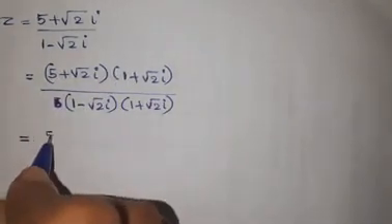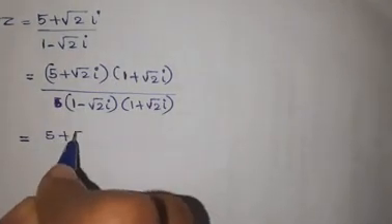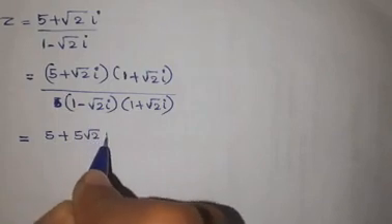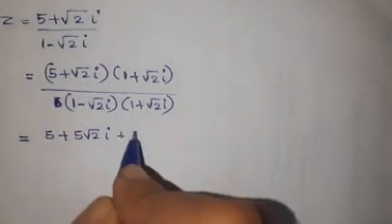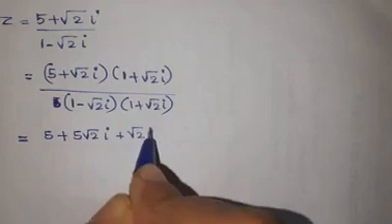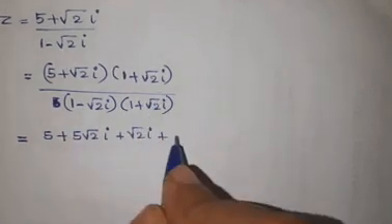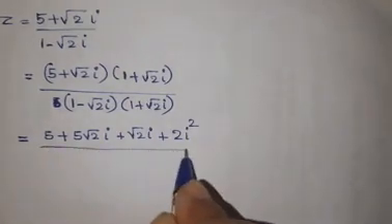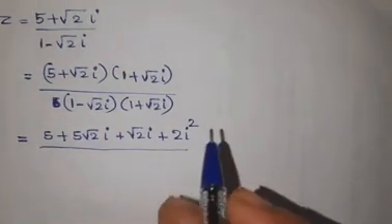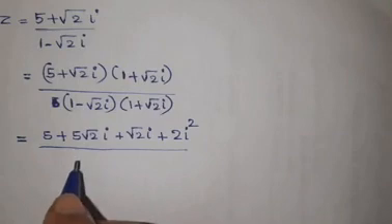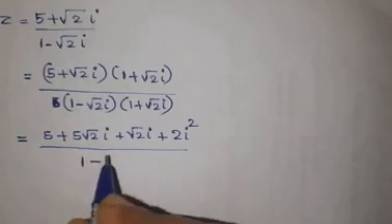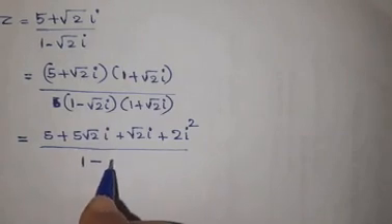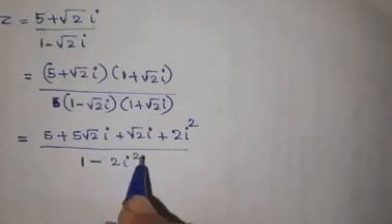5 into 1 is 5, 5 into root 2i is 5 root 2i, root 2i into 1 is root 2i, root 2i into root 2i is 2i square, divided by denominator, which is of the form a plus b into a minus b, a square minus b square, root 2i യുടെ സ്ക്വയർ 2i സ്ക്വയർ.